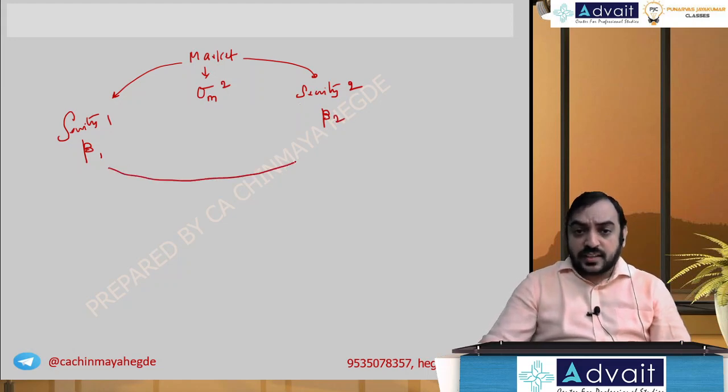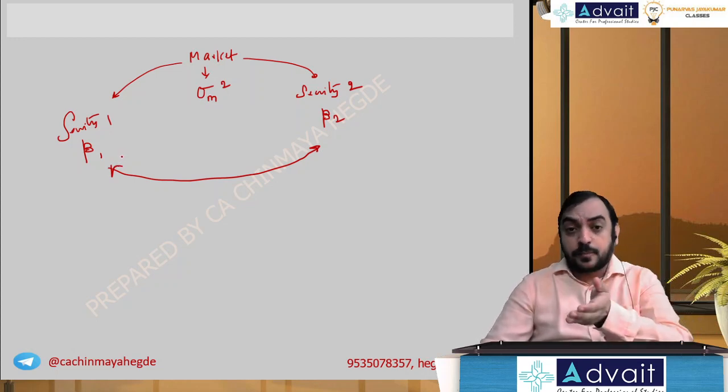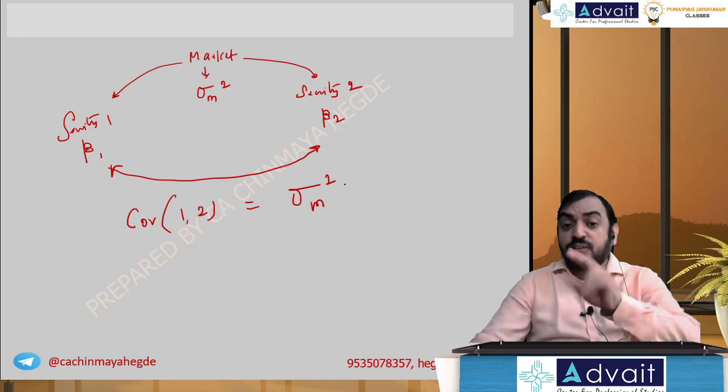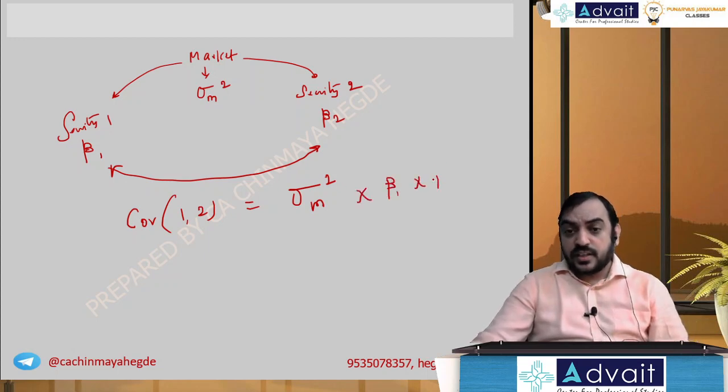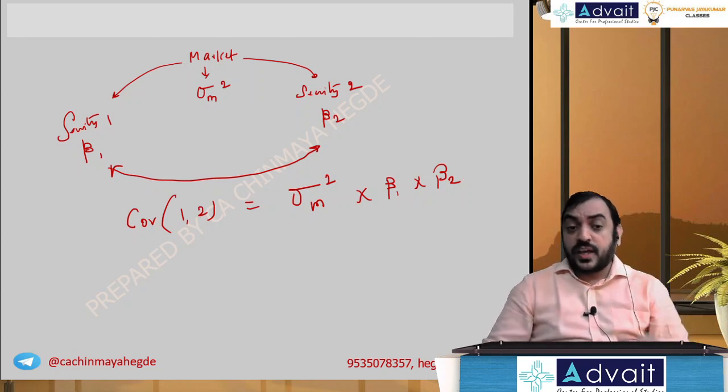So how do you connect security 1 and security 2? Covariance. The formula you know: x minus x bar into y minus y bar by n, if your data is available. If data is not available, covariance between the first and second security, we also calculate using the market variance and connect with the help of beta: beta 1 into beta 2. This also might be required in some problems where they give you beta of two companies and market variance, and you have to calculate covariance. You can use this.